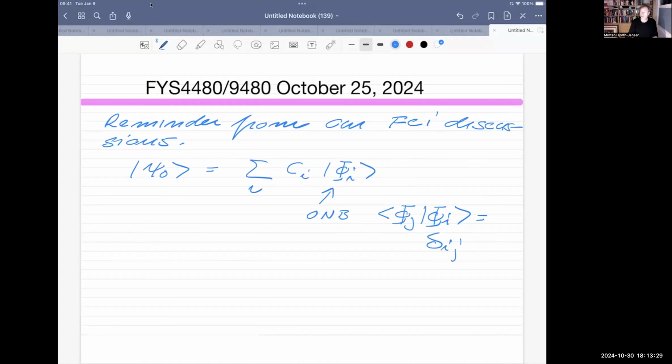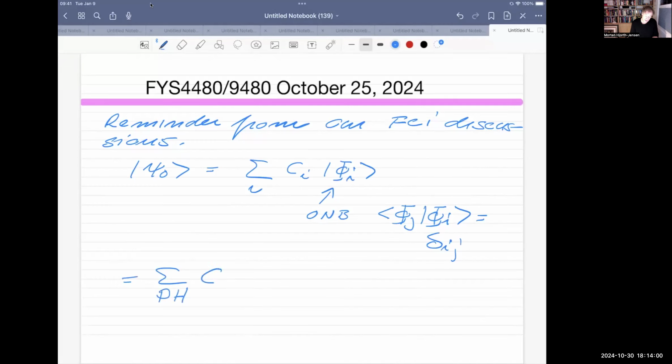Now, one of the things which we did was to rewrite this expansion in terms of particle-hole excitations. So let us quickly remind ourselves about that. This expansion was something which we wrote out in a more general way with an uppercase P, where P now represents all possible particle excitations, and H obviously hole excitations, which means that PH here represents all possible particle-hole excitations.